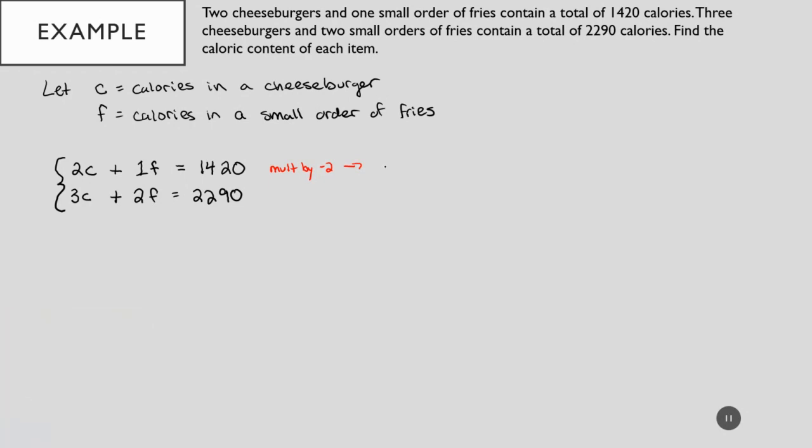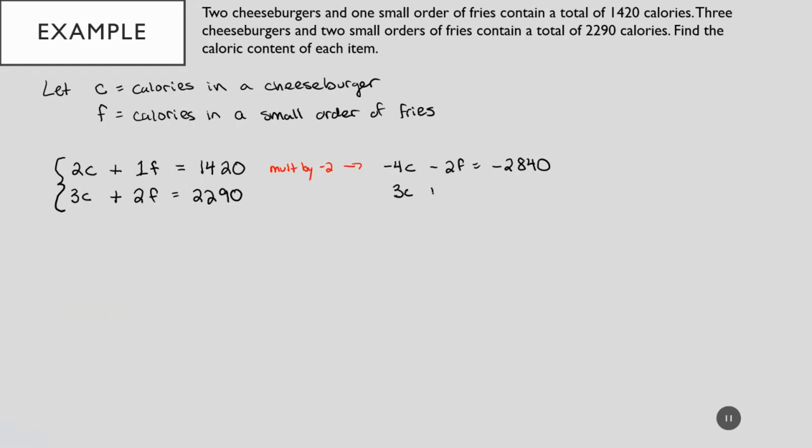And so you can multiply everything by -2, so that gives us -4c minus 2f. And then you need to remember to also multiply the 1420 by -2, and that gives us -2840.